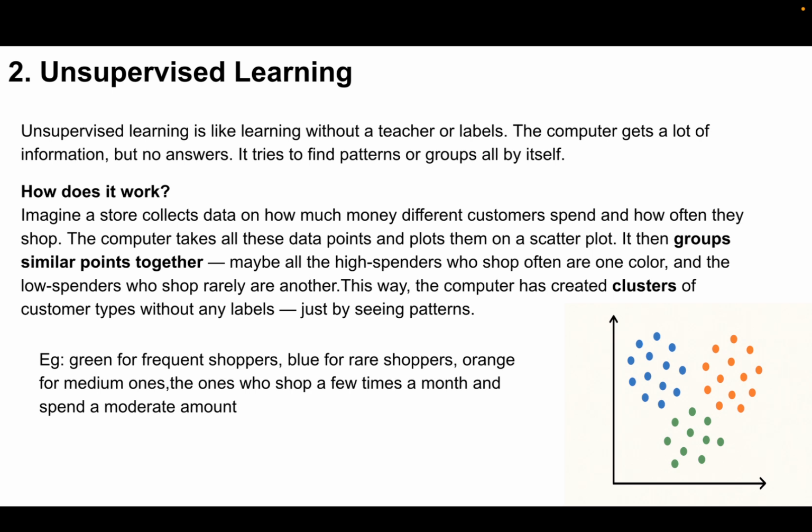This way, the computer has created clusters of customer types without any labels, just by seeing how they shop. So as you can see here, green are for frequent shoppers, blue for rare shoppers, and orange are the ones who shop only a few times a month.